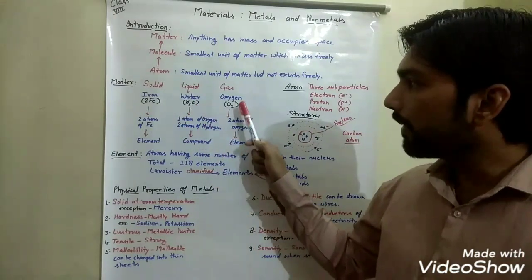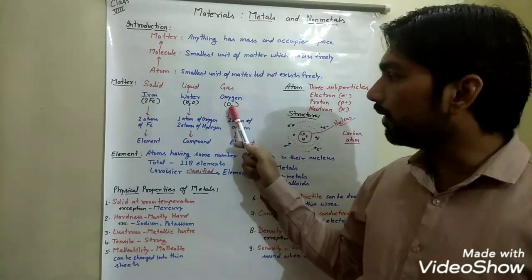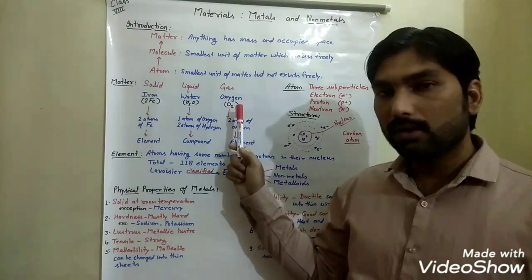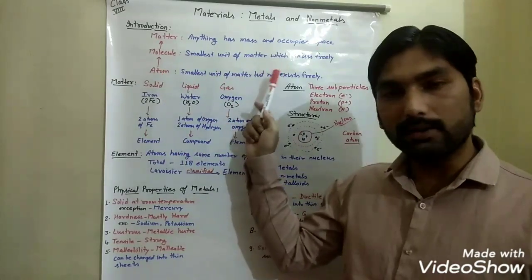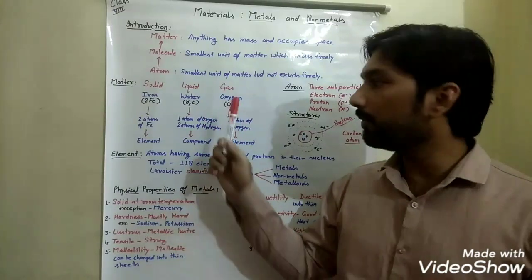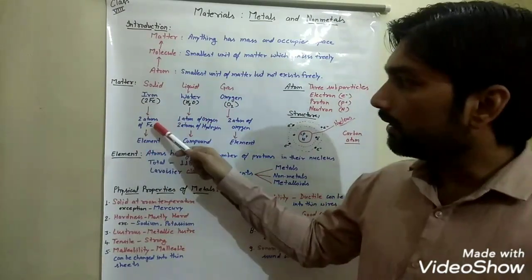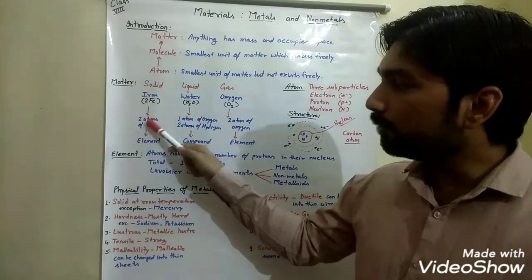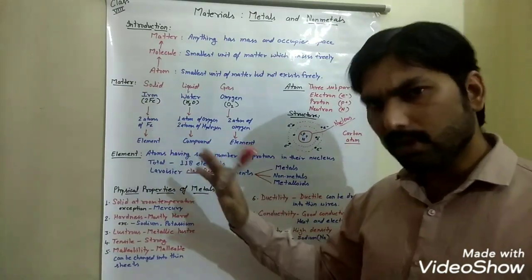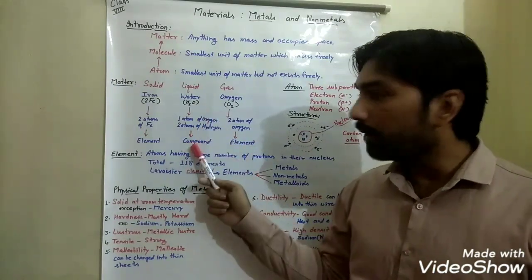In the same way, one molecule of oxygen contains two atoms of oxygen, because atoms cannot exist freely, so they have to combine together to form molecules. Here you can observe that this matter has two atoms of iron, the same kind of atom. Water is a compound.